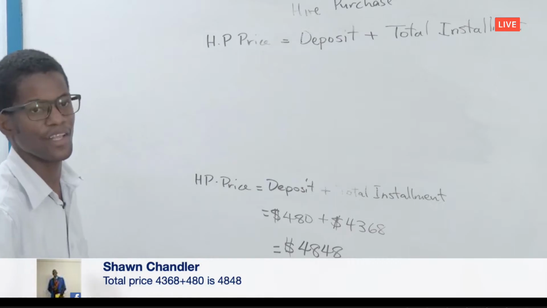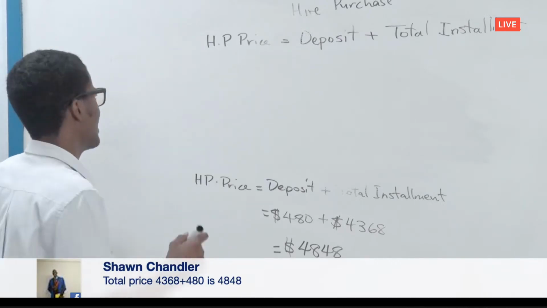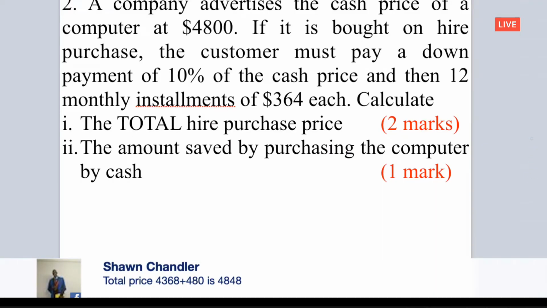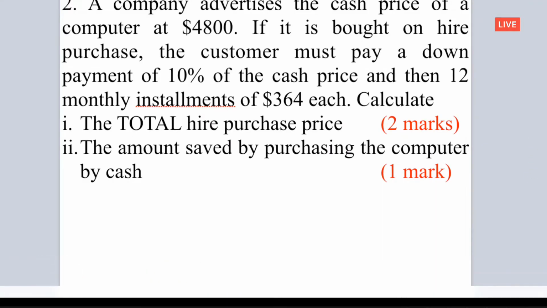Excellent. Now, how much is saved? So, part B, amount saved. What do we have to do? Okay. Board is kind of damp today. Let me try this other marker.